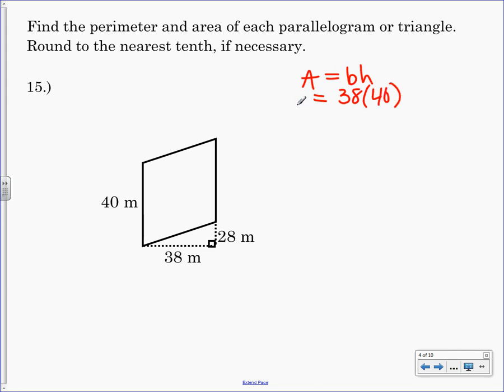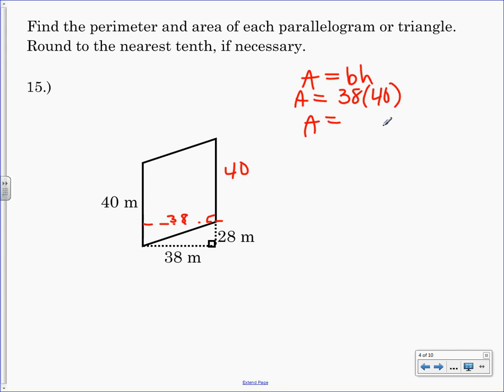So remember I said the base and the height are always perpendicular. So the 38 is your base and the 40 is the height, because 40 is also over here too, right? So if you wanted to think about it, they could have given you the 38 here. This is also 38 with the 40, if that's easier for you to see a base and a height that way. Do you see what I'm saying? Is that okay now? Okay.